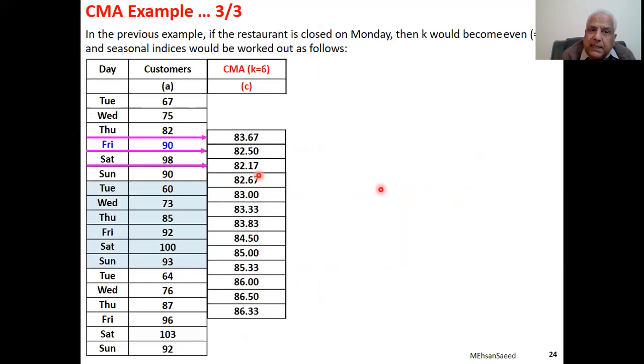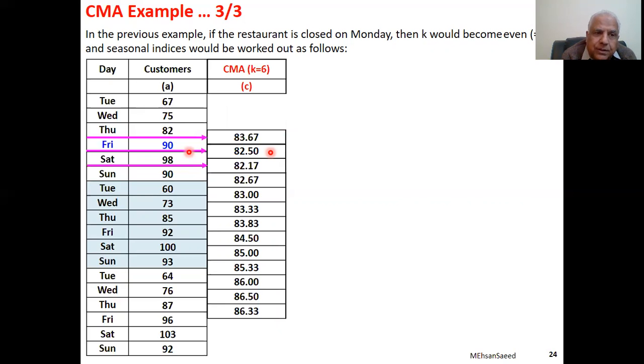And if we have done it correctly, the number of blank spaces on top is 2.5, and the number of blank spaces at the bottom is 2.5. Because k is even, we have to do this exercise twice. We have to find centered moving averages a second time by taking k is equal to 2. So we average them again by taking k is equal to 2. So average of these two.